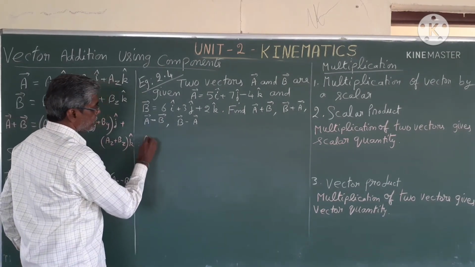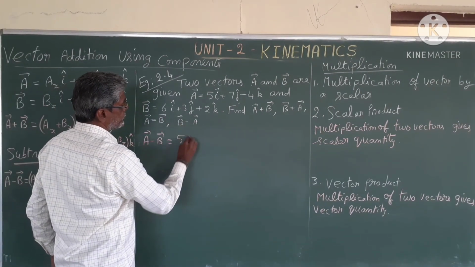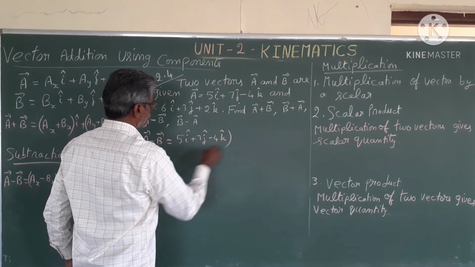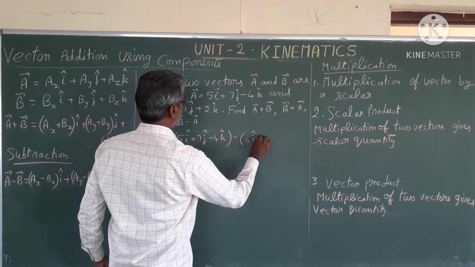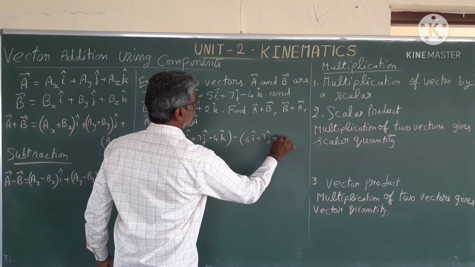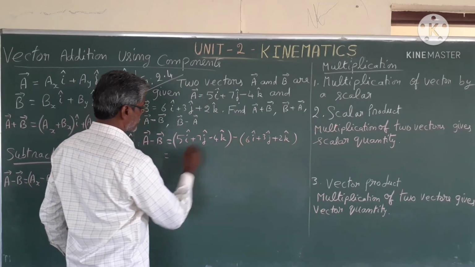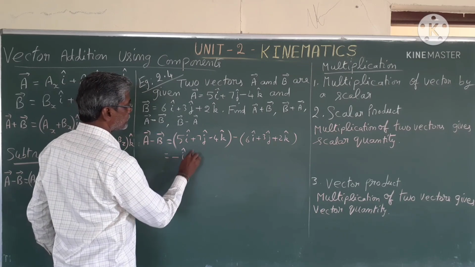Next one is A vector minus B vector. So what is A vector? 5i plus 7j minus 4k minus B vector, which is 6i plus 3j plus 2k. Now see 5 minus 6, so minus 1, no need to put 1. So minus i.